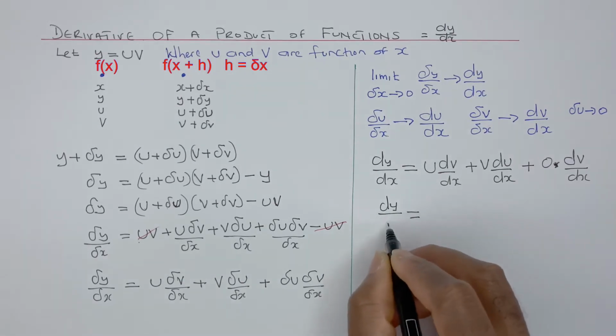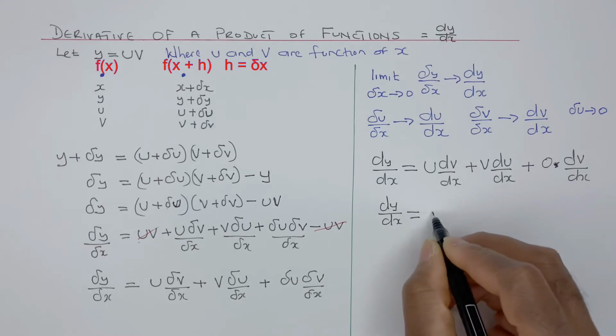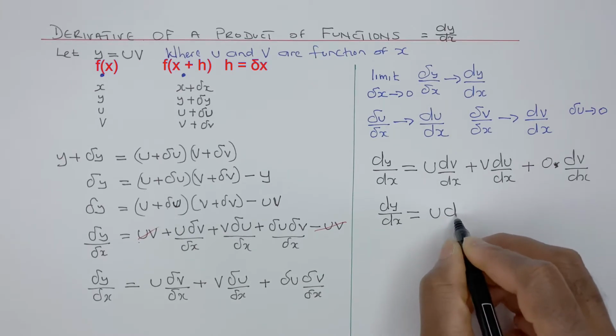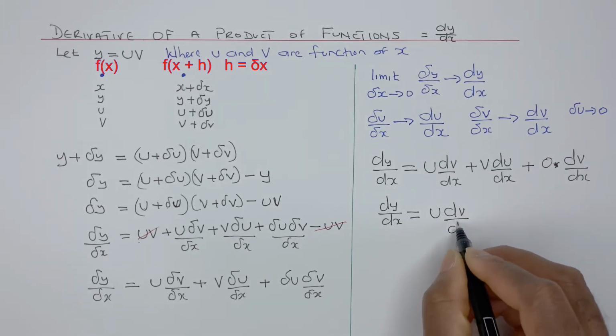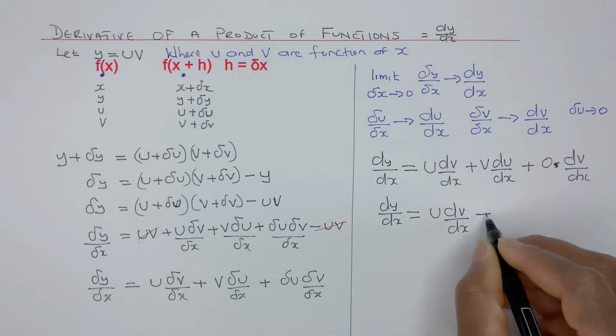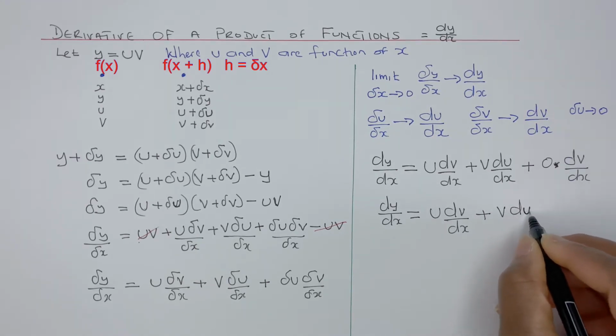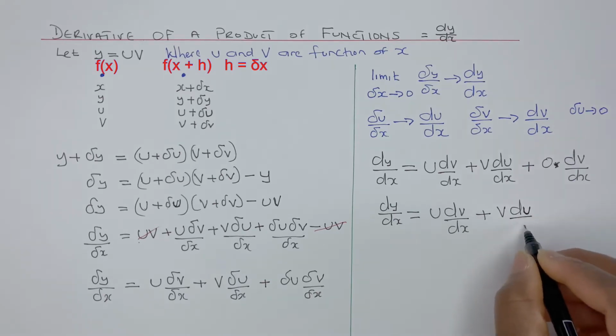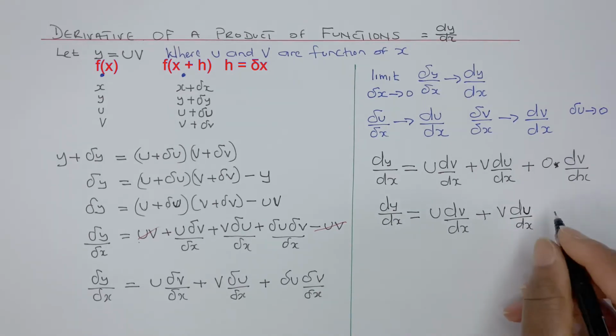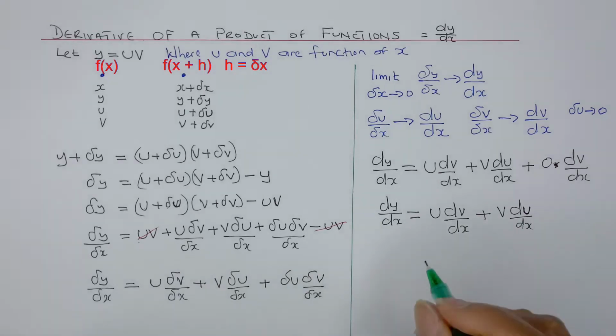So dy over dx equals u dv over dx plus v du over dx. And that's the formula we're going to use for the derivative of a product function.